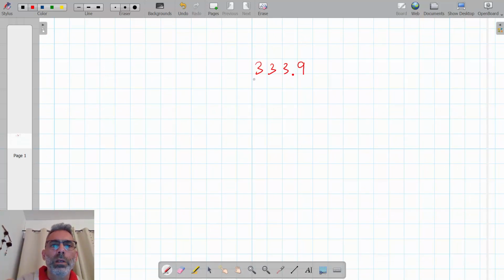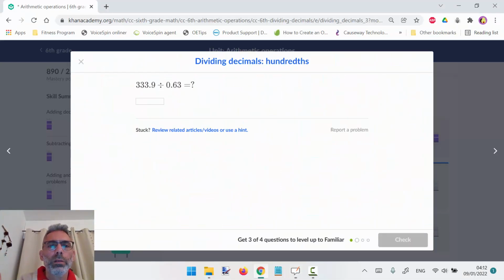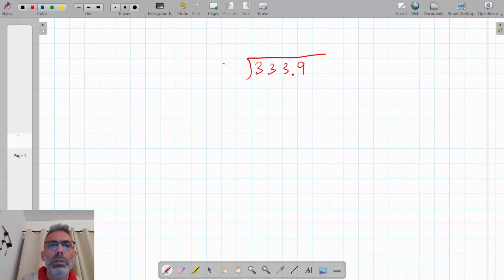333.9 divided by 0.63. Okay, so we'll write this as I will shift the decimal point 2 places to the right, so I'll get a whole number as the divisor, and the divisor will be 63.